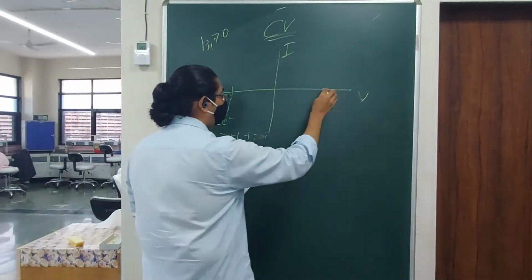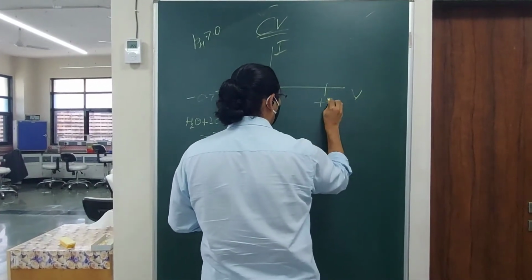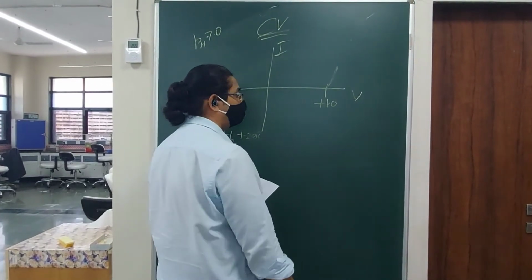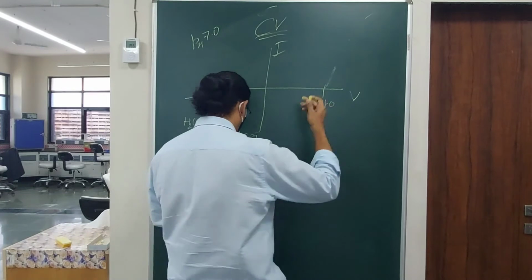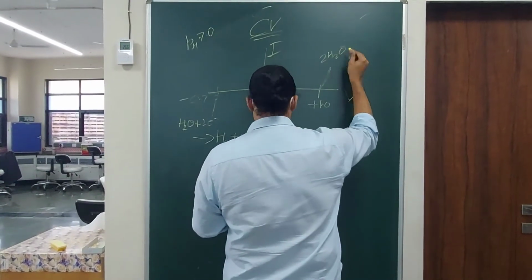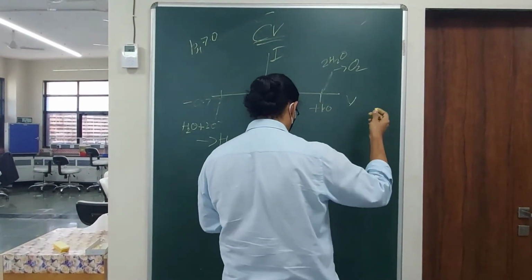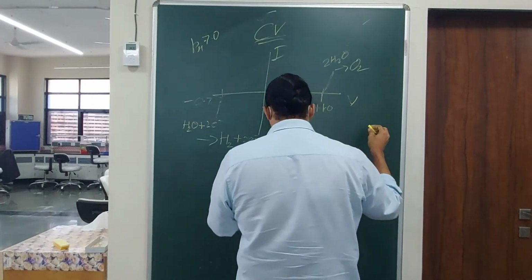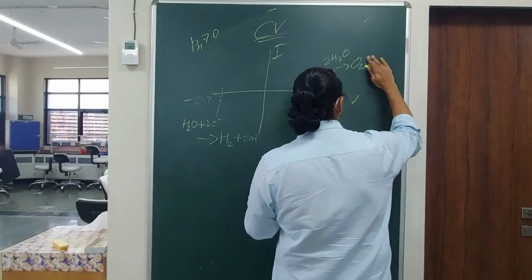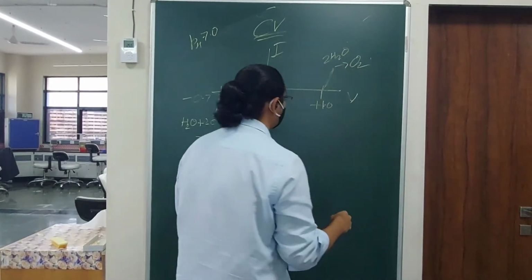Now on the positive side at plus 1.0, your current again starts changing, and the reaction we will have is water liberating oxygen. Oxidation is happening. Plus protons and electrons, of course, will be liberated.